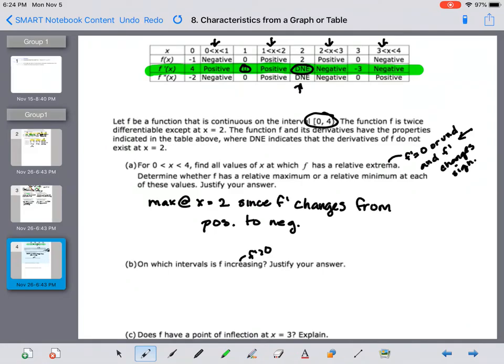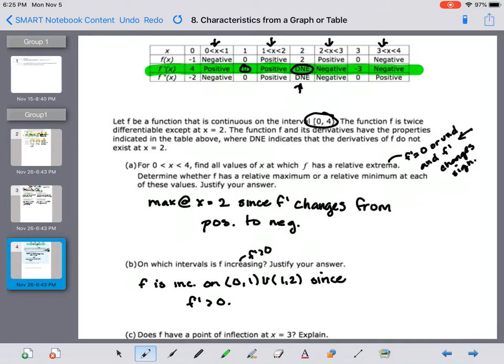So I see that f is increasing on my first interval from 0 to 1, union 1 to 2, again another increase, and then that's it. And I want to justify: since my derivative is greater than 0, and I'm done.